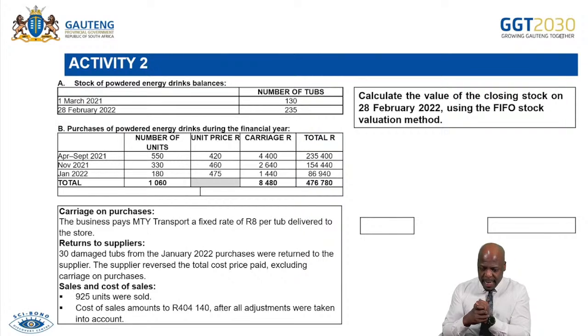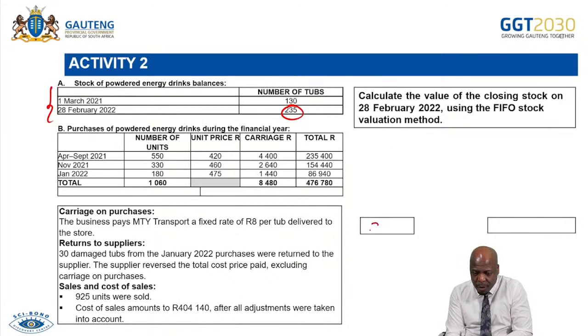Okay, let's begin then. How many units is our closing stock? That is where we begin, isn't it? How many units? You would find the information over here. 235. That means I'm going to come here and say 235. We need to know the value in rands.